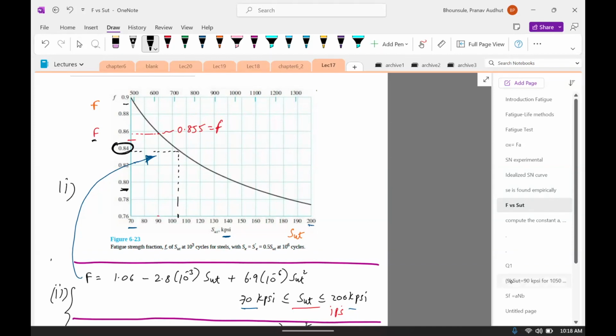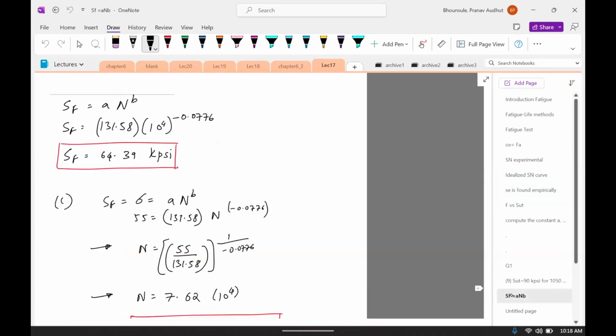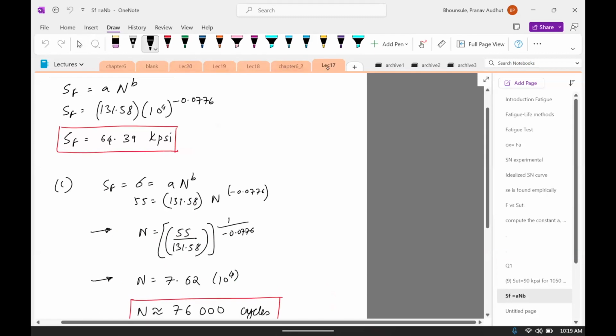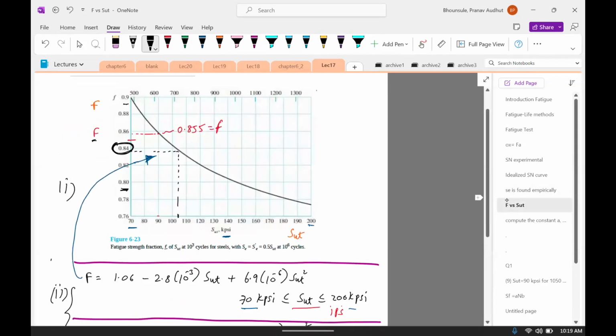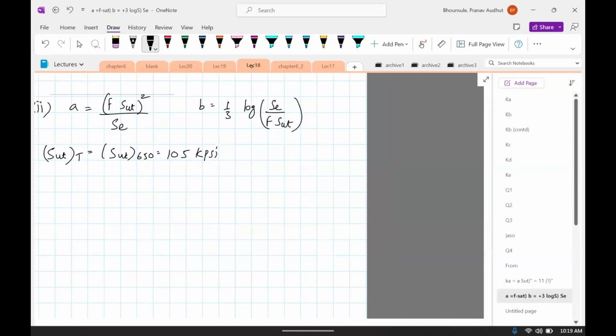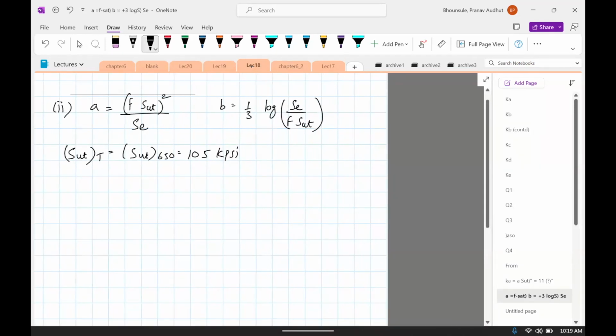So just use 0.84. At Sut equals 105 kpsi, f is 0.84. See lecture 17 notes.